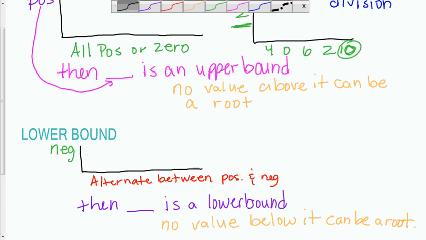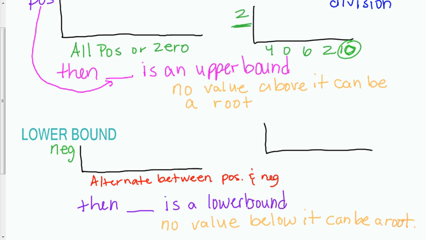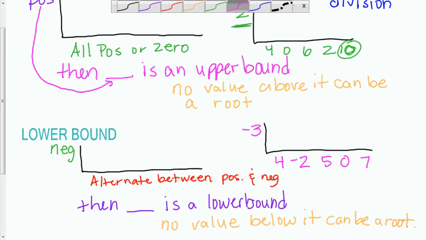So for example, if you do your synthetic division and you first try a -3 outside, if this alternates, so let's say we have 4, then a -2, and then 5, and maybe a 0, and then 7. This would be a lower bound because it alternates.